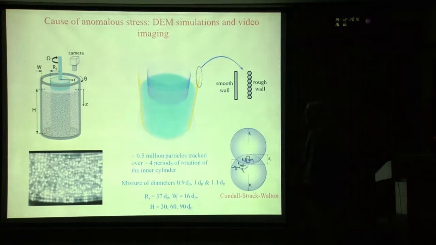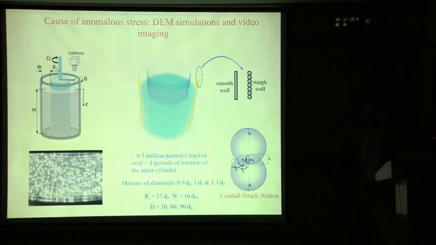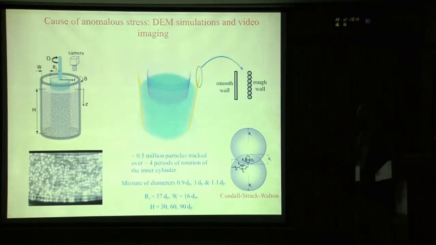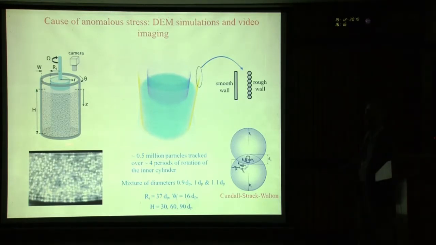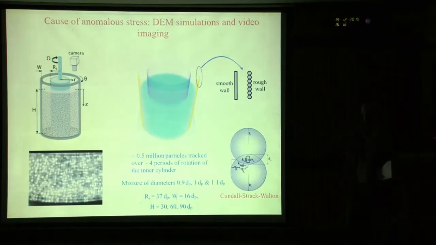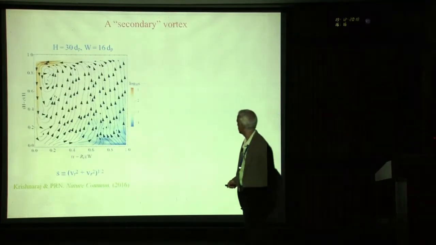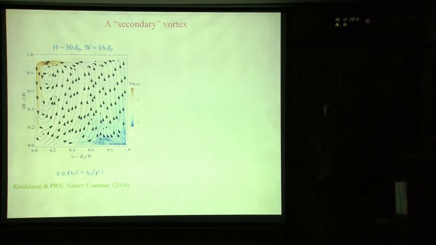So these are the imaging experiments, and this actually gives away part of the story. If you look closely, you can see that the grains are not just moving in the azimuthal direction, okay? But there is a radial velocity, inward velocity. And if you look at the simulations, I'm really sorry, the colors are not showing up at all, but you can see the streamlines.